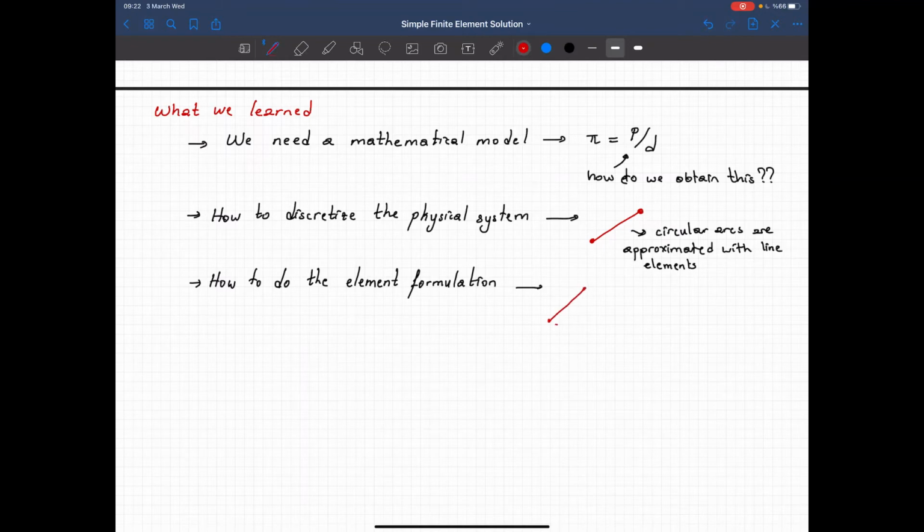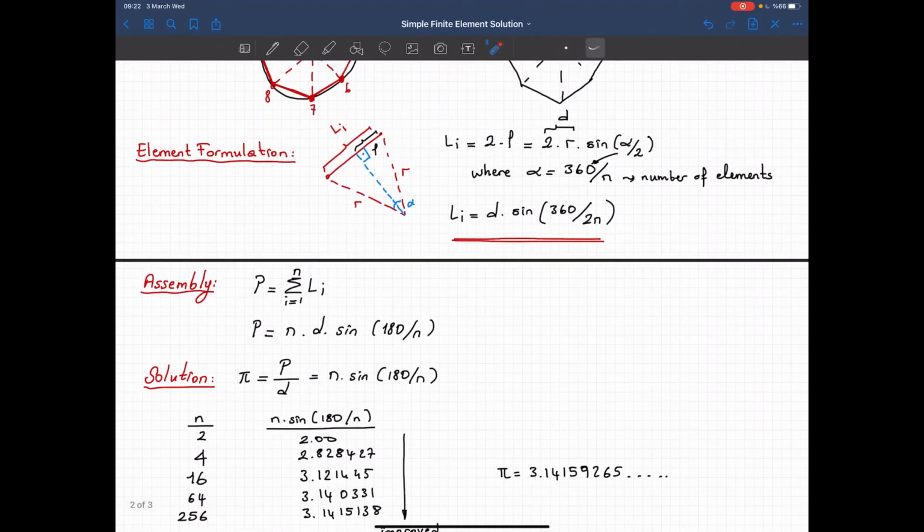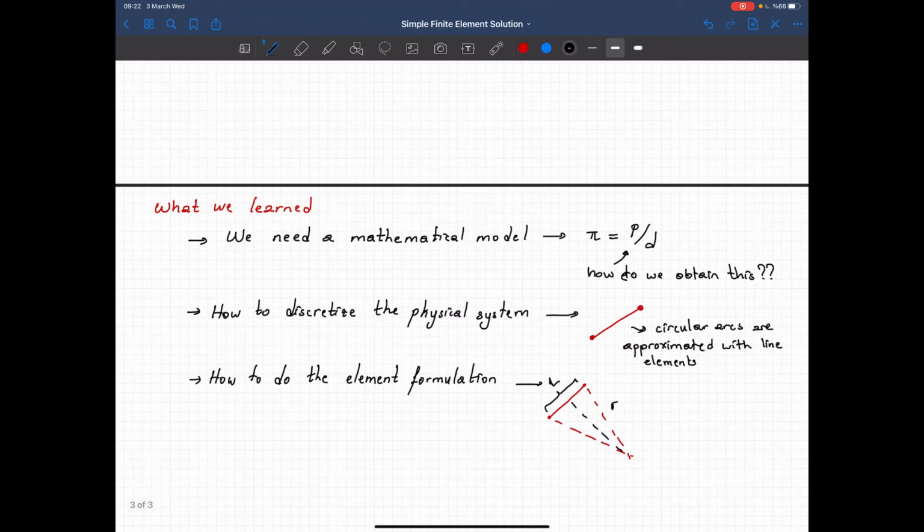We know the angle of a circle. So by using these two pieces of information, we simply calculate the length as follows: length is equal to d times sine of 180 divided by n. So this is the element formulation. And we have only known variables here, the diameter and the number of elements.